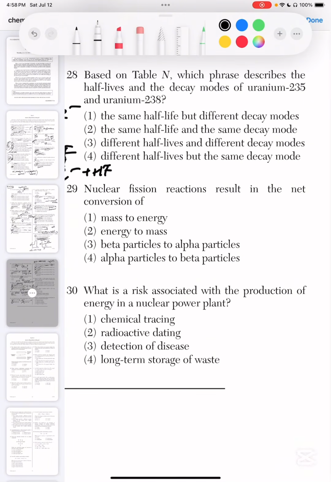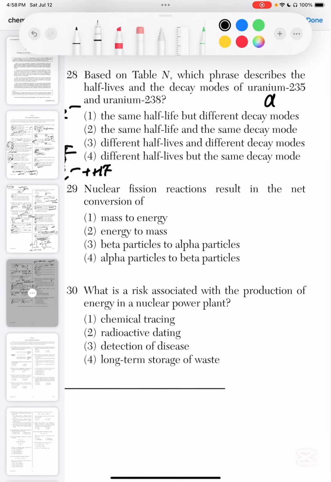Based on Table N, which phrase describes the half-lives and the decay modes of uranium? Same decay mode, they're all alpha decay. Different half-lives, I'm pretty sure though.